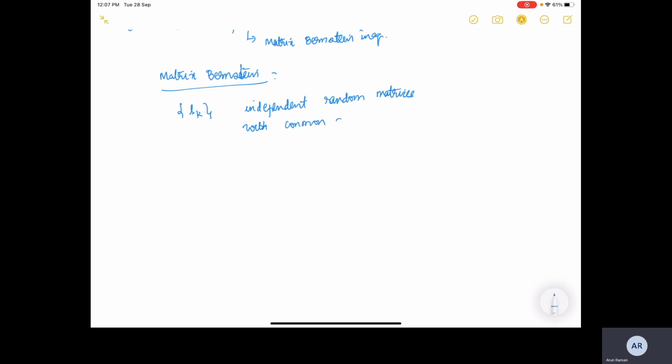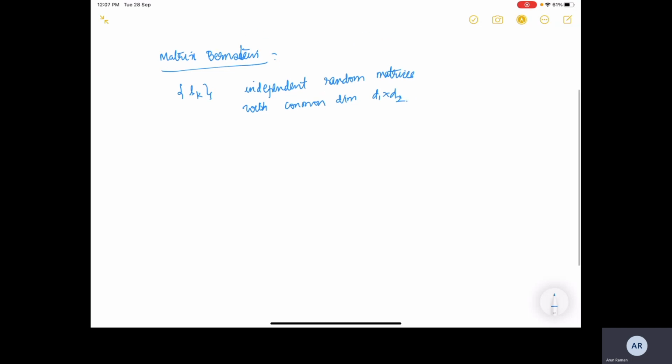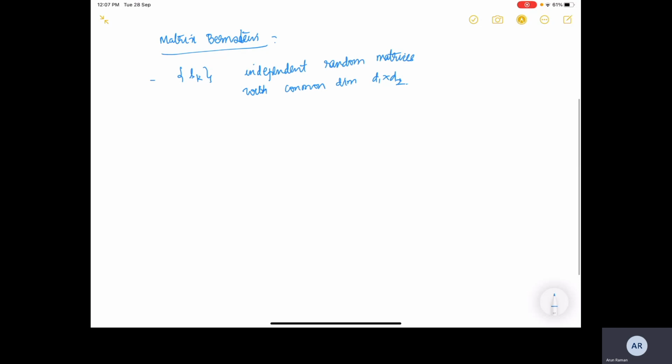I mean, they are all of the same dimension, d1 cross d2. So this is the first consideration.